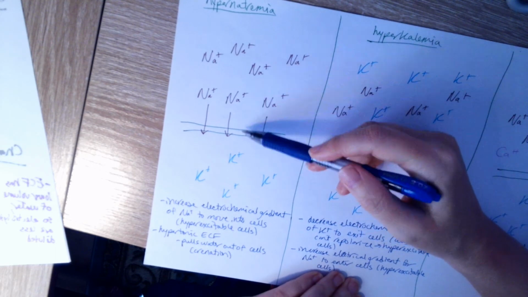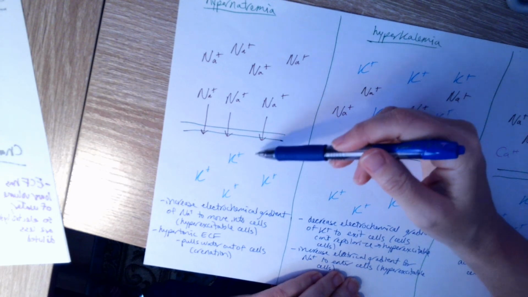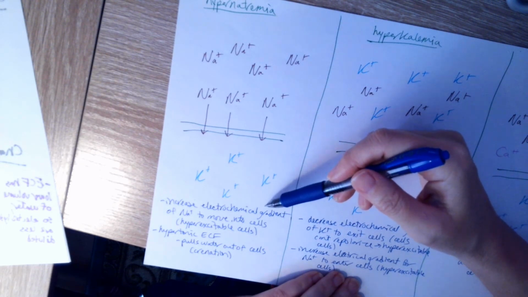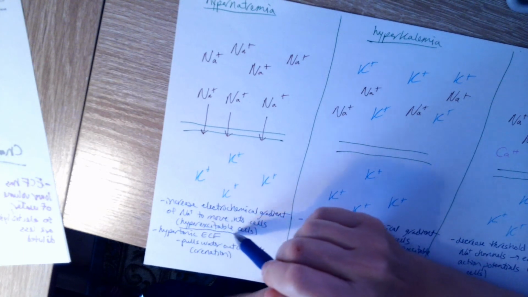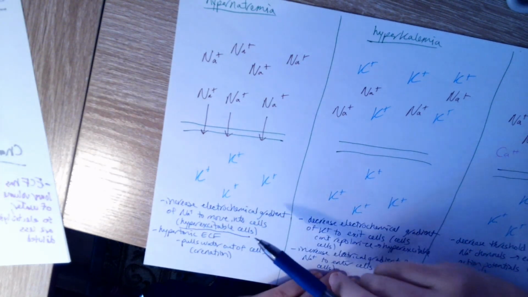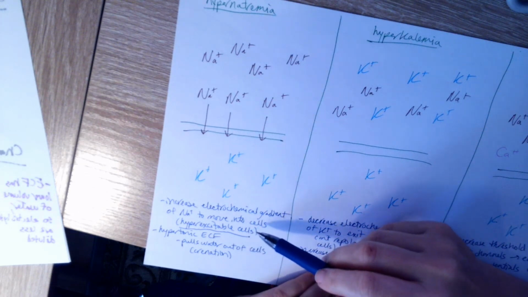So what we've done here, we put so much more sodium out here that now sodium really wants to go into the cell. We've really increased the electrochemical gradient for sodium to move into the cell. And that makes it easier for the cells to have action potentials. It makes them hyper excitable. So they start having action potentials more and more often. What this would do is it would cause your neurons to fire action potentials too much.